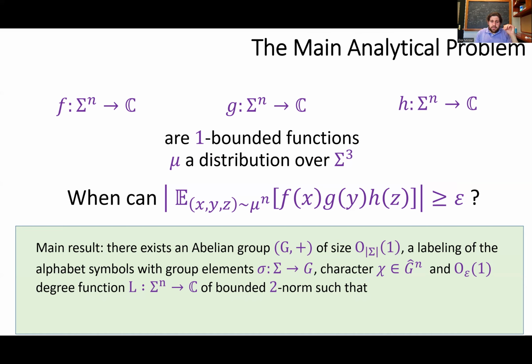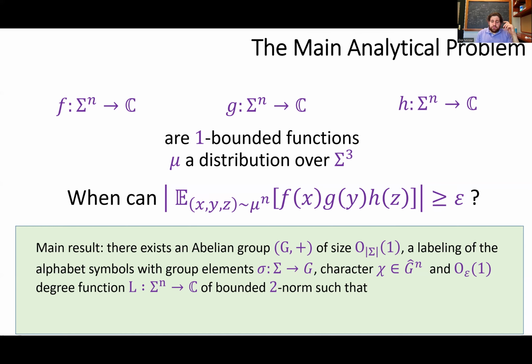But modulo these mild assumptions, we show that if you have a distribution mu and functions f, g and h that achieve correlation like that, then there must be an abelian group G of constant size, as well as a labeling of the alphabet symbols from sigma by group elements. So let's call this labeling little sigma that maps big sigma to G.